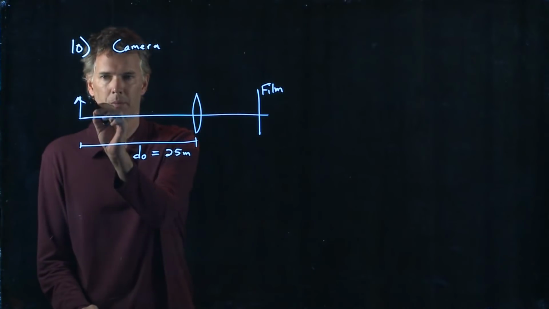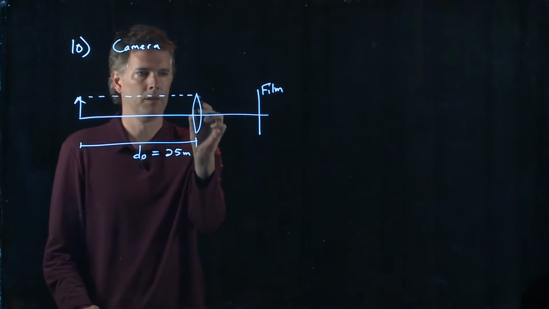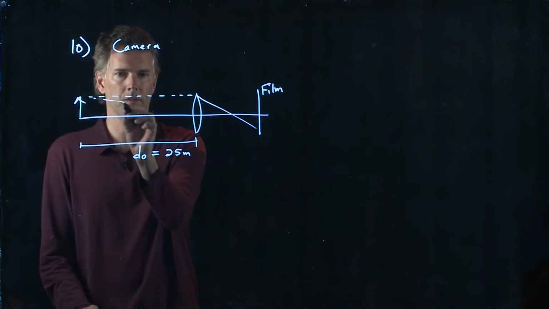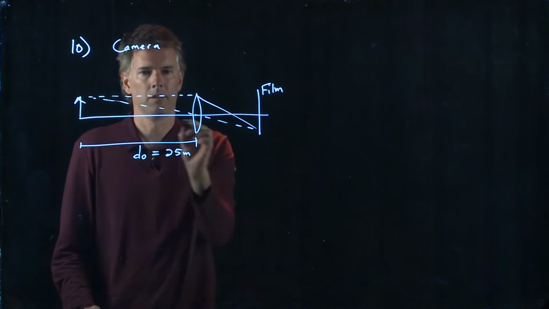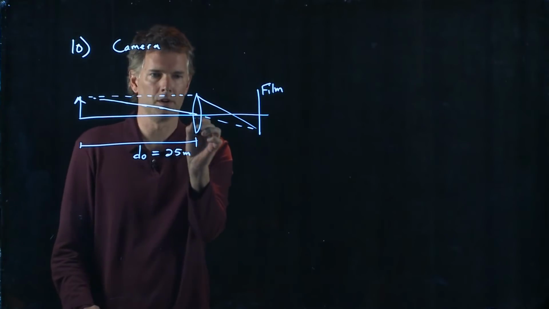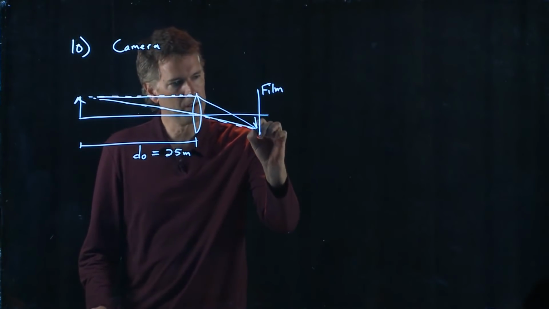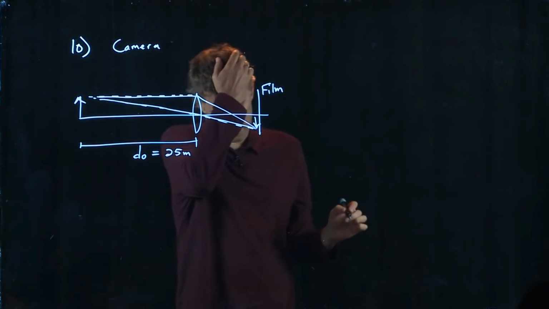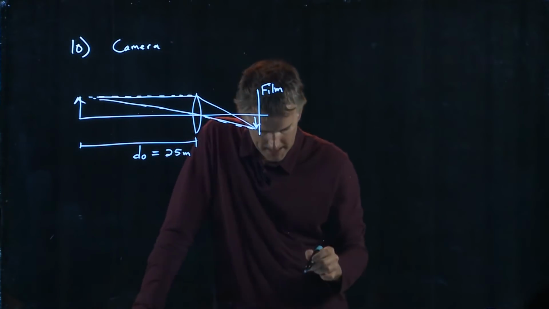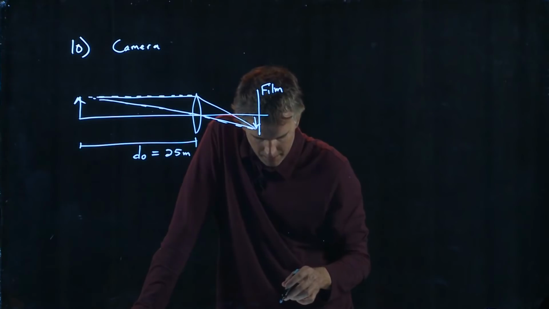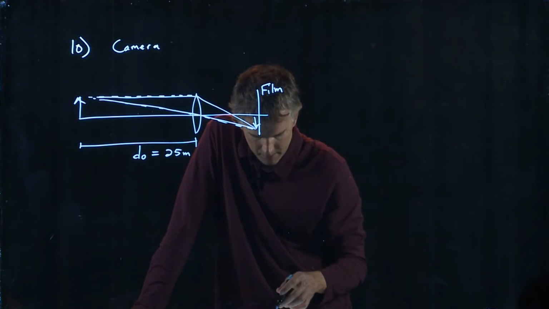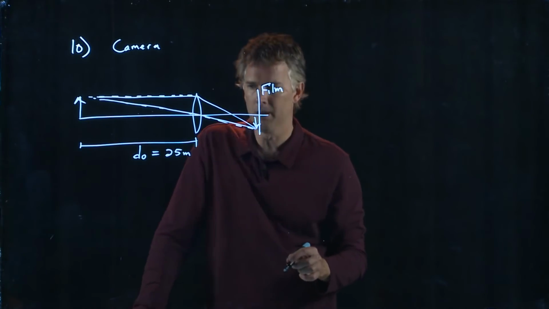And you can follow your simple lens rules to figure out where the image is. I guess we usually draw those with solid lines, right? So we'll keep them solid. And therefore the image is right there. Now, they tell us that the focal length of the lens in the camera is 40 millimeters.